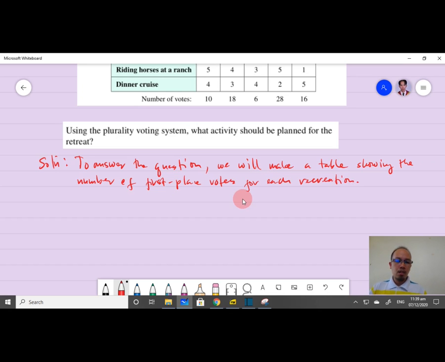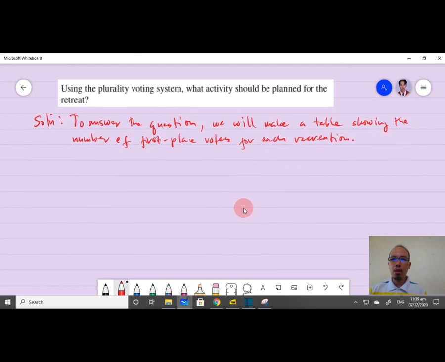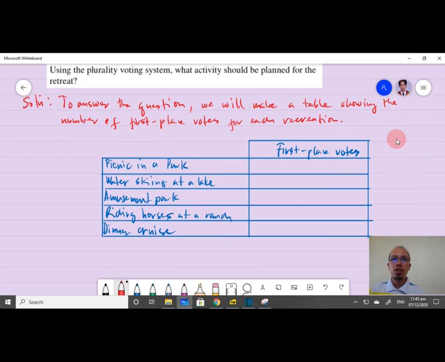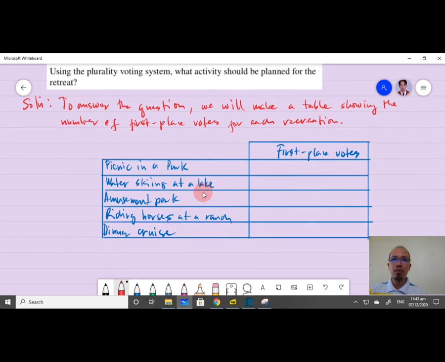So again, I'm going to make a table and then come back later, so that it will not waste us time. Okay, this is now the table showing the number of first place votes for each recreation.